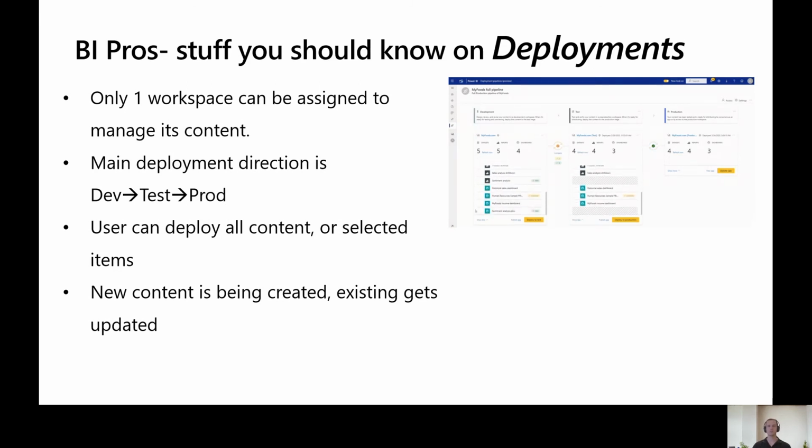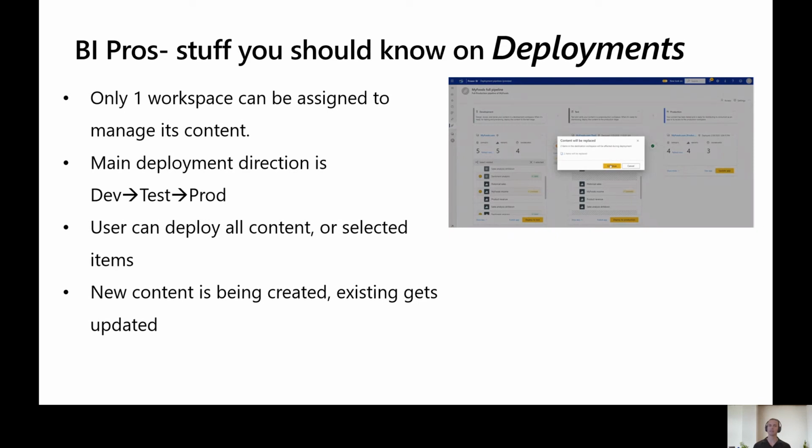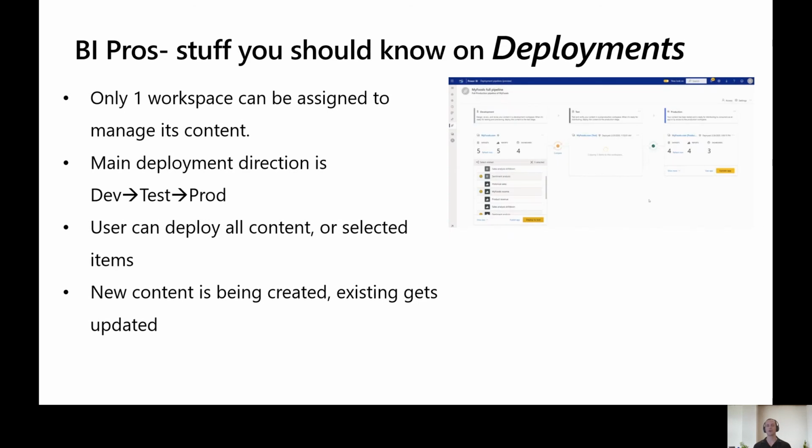If it's new content that is being deployed, it will create a new item in the target workspace. The pipeline will save the connection between items, so it will know what to update later. When you deploy that content again, it will override the existing item in the target workspace. I'll talk more on override in the next slide.